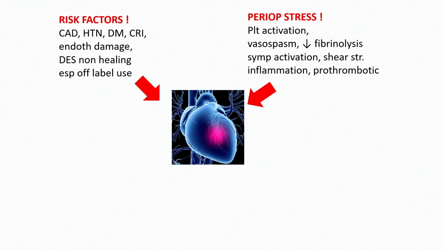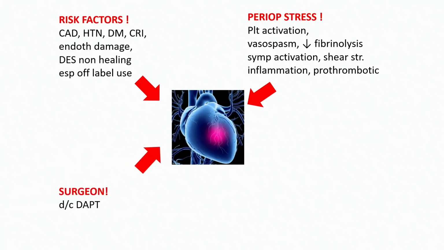The surgical period causes sympathetic activation from pain, shivering, and all the other causes that we know happen in the perioperative period, which increases the shear stress on an endothelium that's already not regenerated. And of course, it causes inflammation, and it's overall a prothrombotic process. So that's why the patient that is an outpatient, and it's okay to stop dual antiplatelet therapy in 1 month, may not be equally safe in the perioperative period that we need to be aware of.